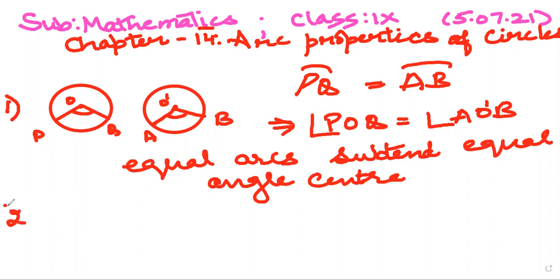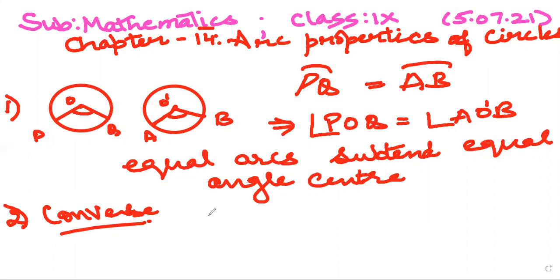The second property is the converse of the above property. In the first property, if two arcs are equal, then they subtend equal angles at the center. Now, the second one is, if there are two equal angles at the center, then the arcs are also equal.